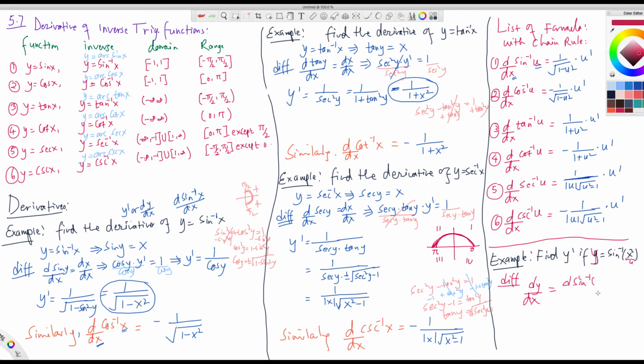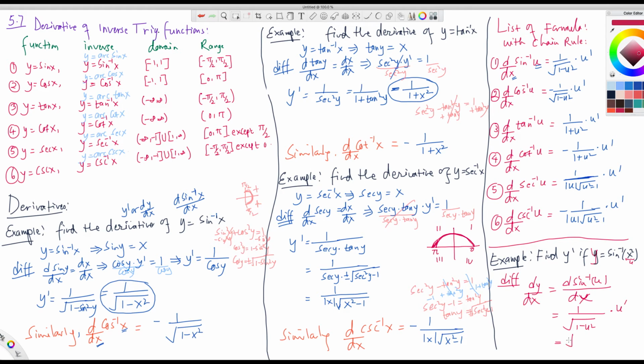Let me write down sine inverse u. So d sine inverse u over dx, right? Because there is dx there. But look at that. If there is sine inverse u over dx, then the formula will be 1 over under the root 1 minus u square times there is u prime. Okay. So what is the value of u? u is x square.